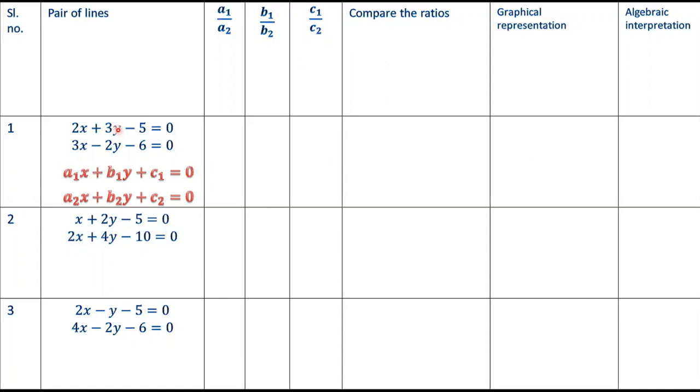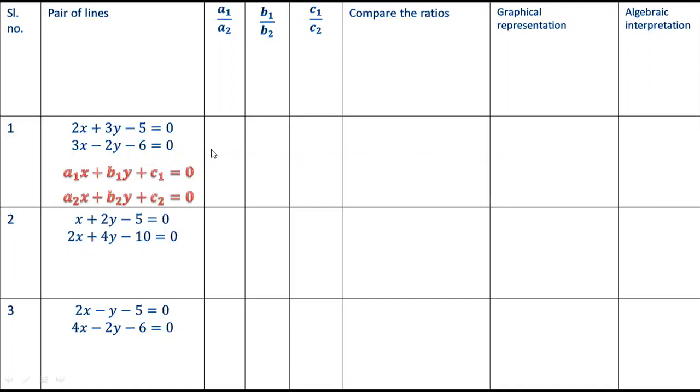And the coefficient of y is b1. So the coefficient of y is 3. So b1 is equal to 3. And c1 is equal to minus 5. Compare the second equation with a2x plus b2y plus c2 is equal to 0. When you compare, a2 is equal to 3, b2 is equal to minus 2, c2 is equal to minus 6.